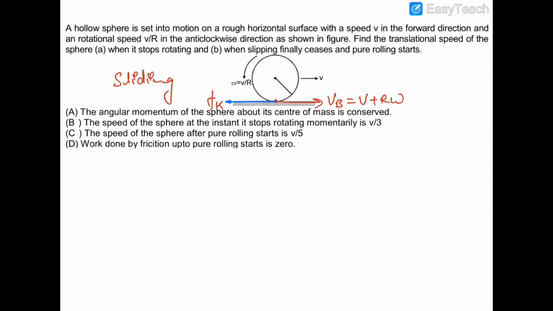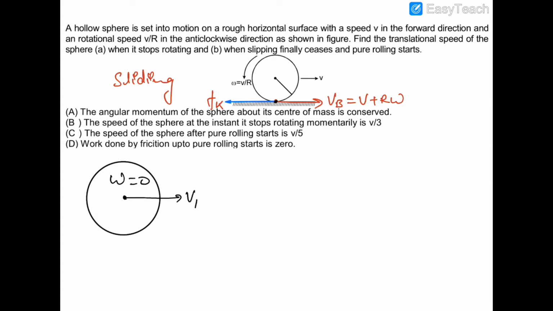So let us draw that at some time this sphere has stopped rotating and it is only translating with some velocity v1. So omega is 0 at this instant of time.